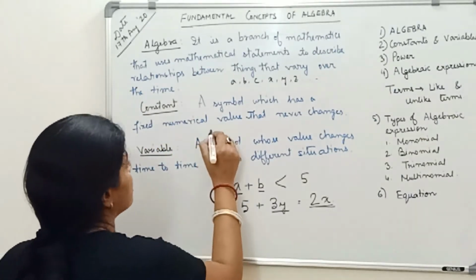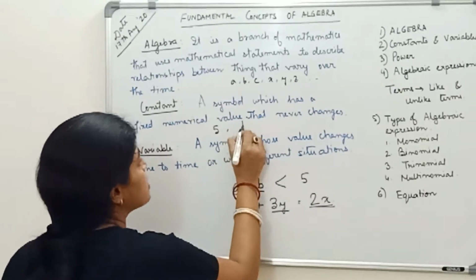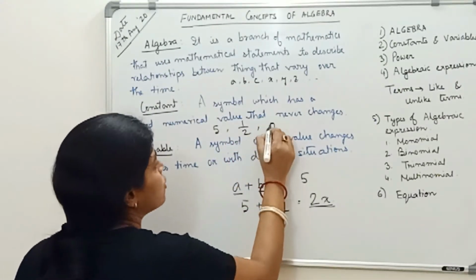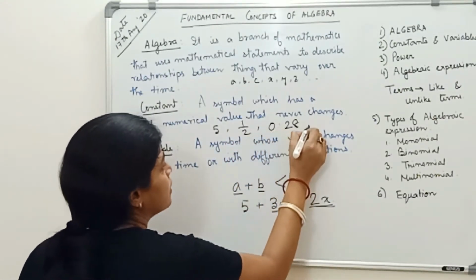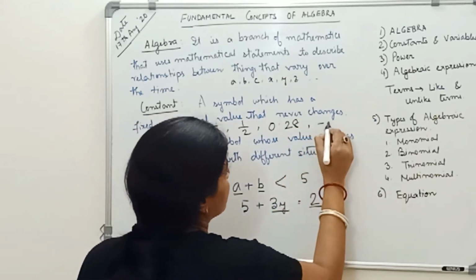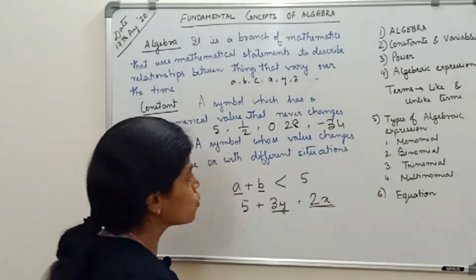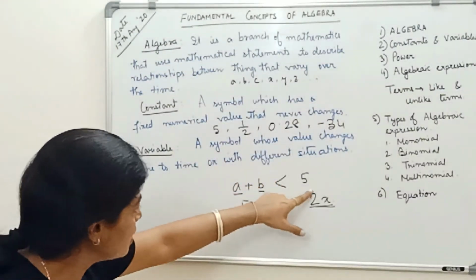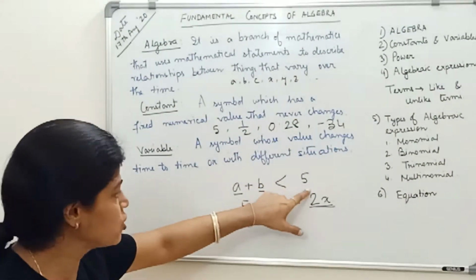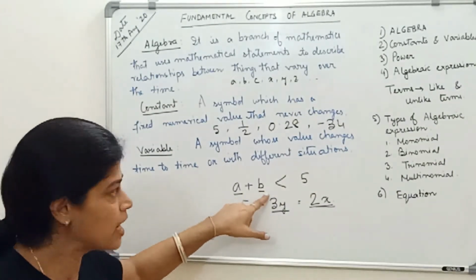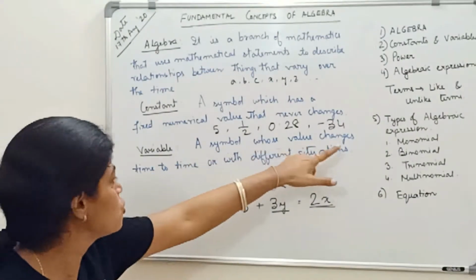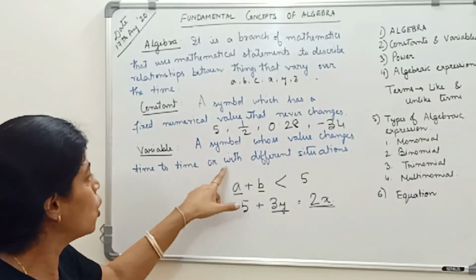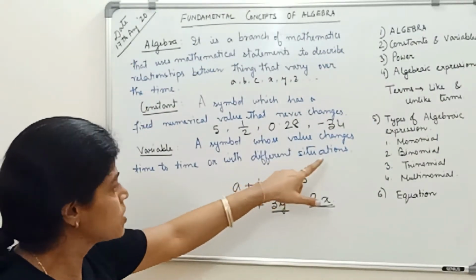Suppose if I say 5, suppose if I say half, then 0.28, then any number like minus 34. So these all are constants. They will never change. Here see 5, this will never change. But a and b, these are variables: symbols whose value changes from time to time or with different situations.